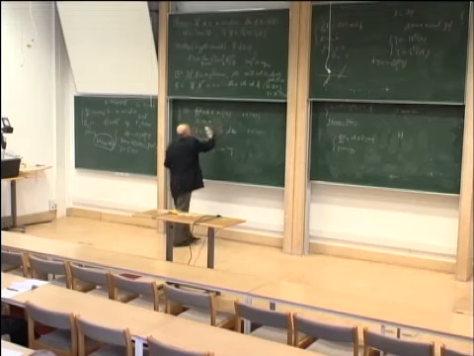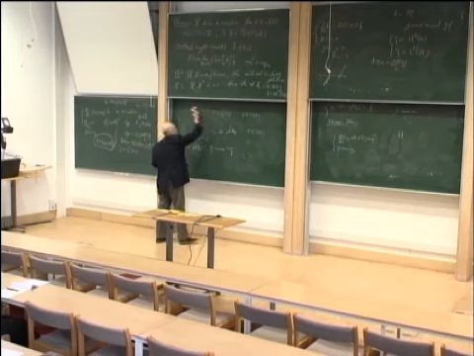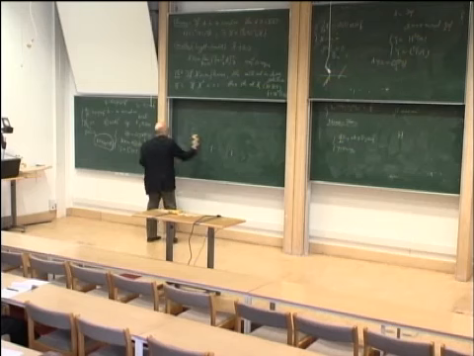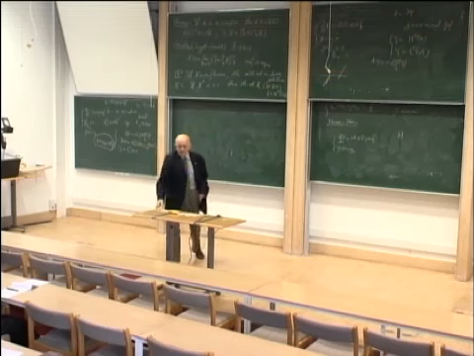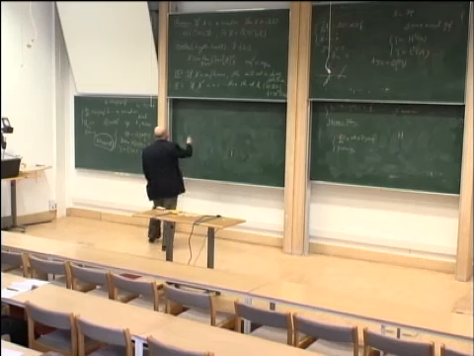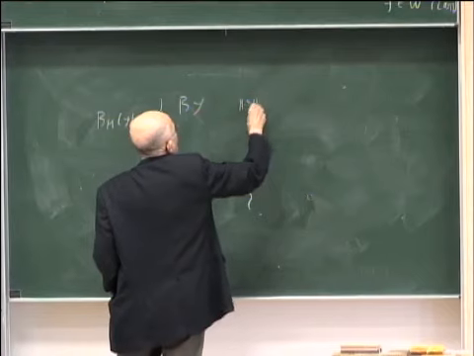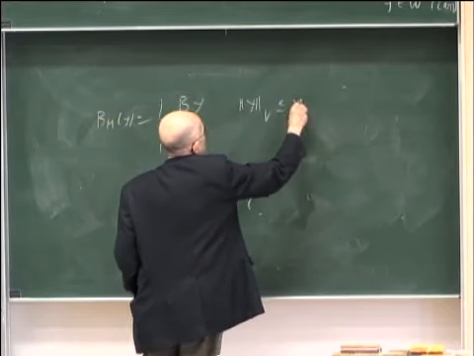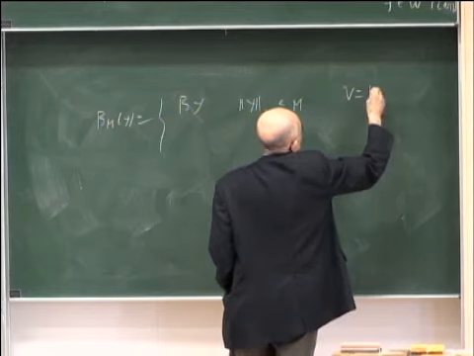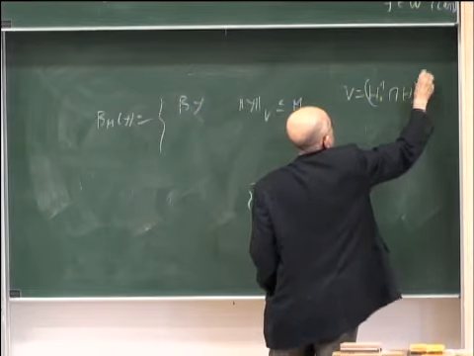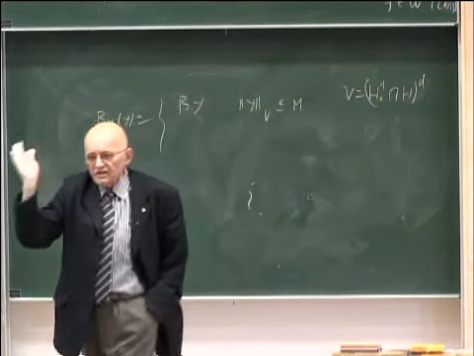To have a simple existence proof, we take a truncation of B. We define this operator B_m y equal to B y if the norm of y in V is less than m, where V is the space H^1_0 intersected with H^2, taking dimension 2 or 3.